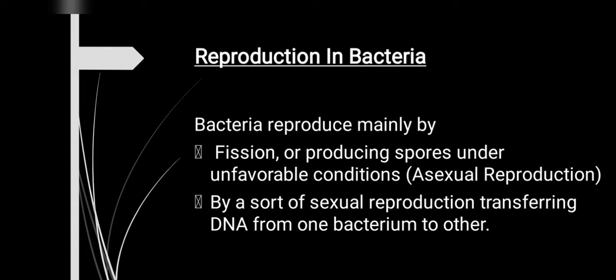They also undergo sexual reproduction, that is transferring DNA from one bacterium to the other, and this type of reproduction is called conjugation, in which the genetic material from one bacterium is transferred to the other through a special structure called a pilus. So asexual reproduction is by fission and spore production, and sexual reproduction is by means of conjugation.